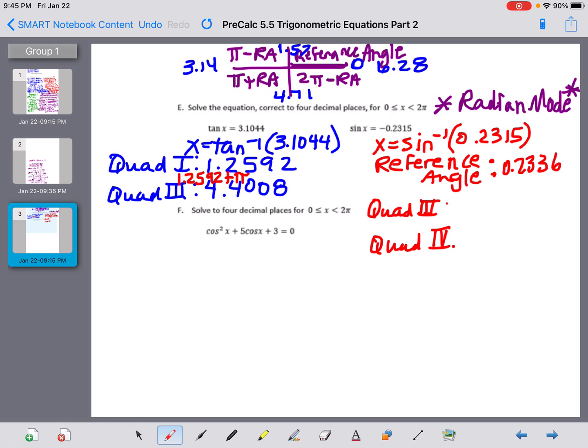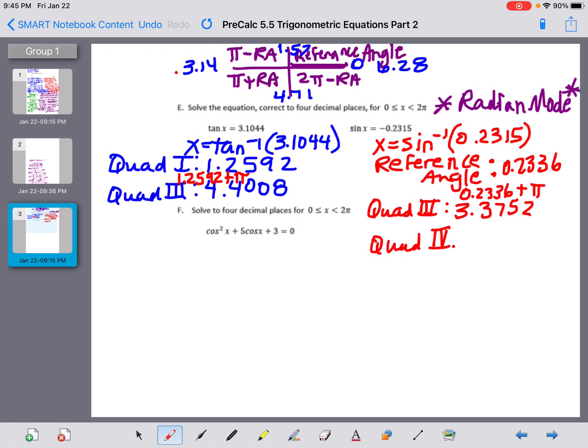So for my third quadrant, I'm just going to take my reference angle, 0.2336, and I'm going to add pi to it. So in the third quadrant, 3.3752, and definitely that's between 3.14 and 4.71. So I landed in that third quadrant, and I know that will give me that negative sine.